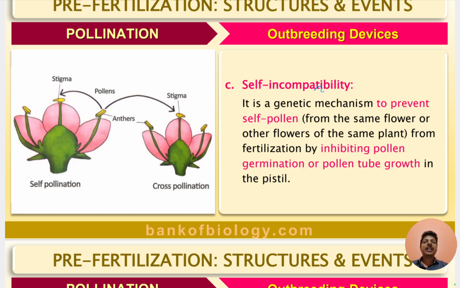Means, if the same pollen grain comes to the same stigma, the stigma does not accept the pollen grain as it comes from the same flower. That is called self-incompatibility.